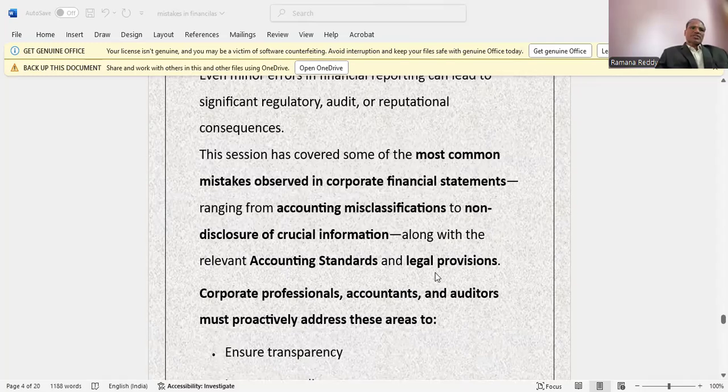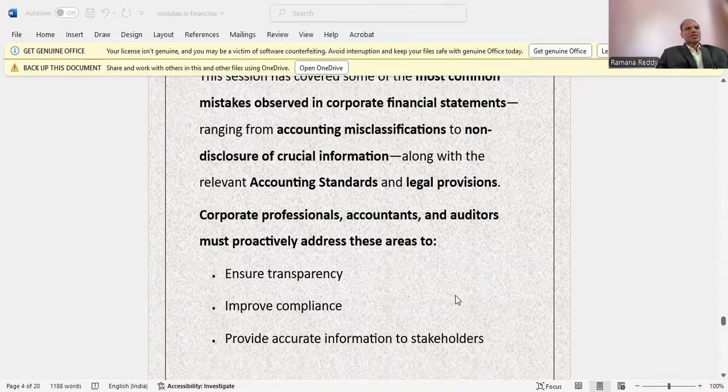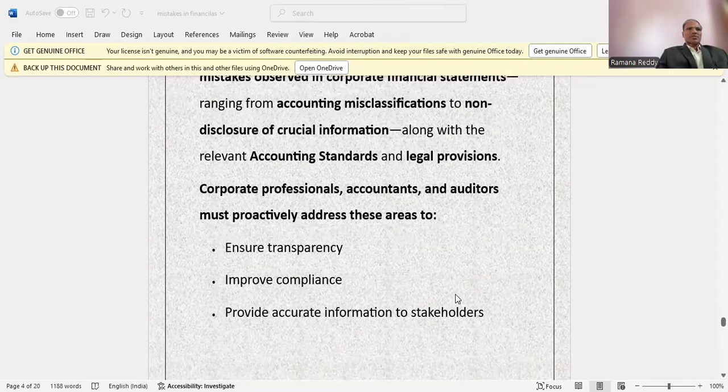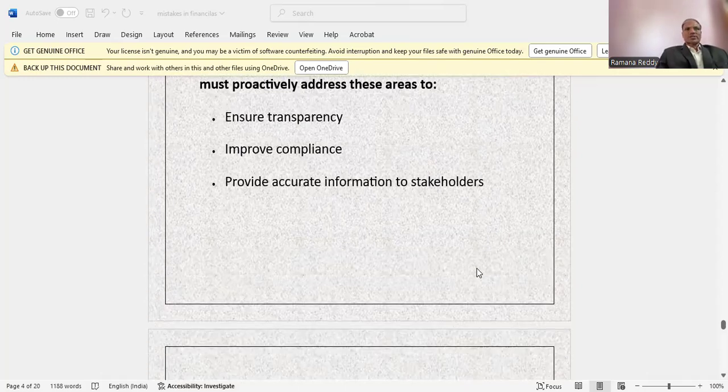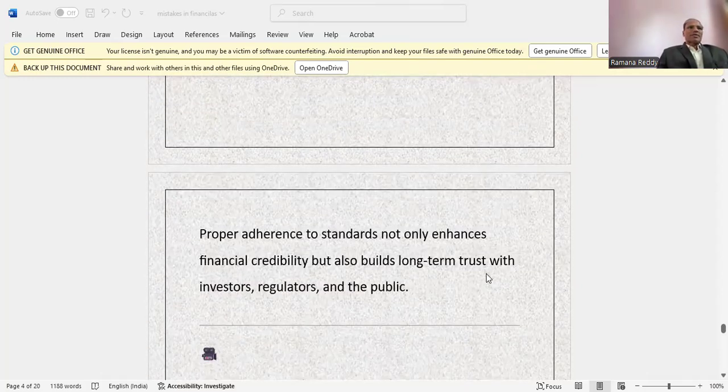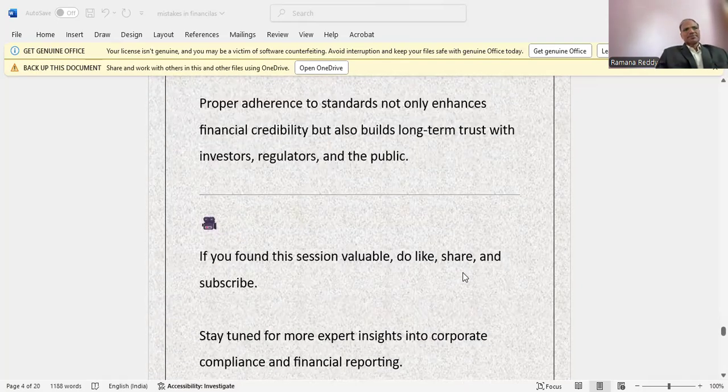So corporate professionals, accountants, and auditors must proactively address these areas to ensure transparency, improve compliance, and provide accurate information to stakeholders. Proper adherence to standards not only enhances financial credibility but also builds long-term trust with investors, regulators, and the public.